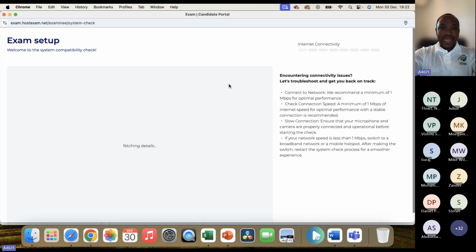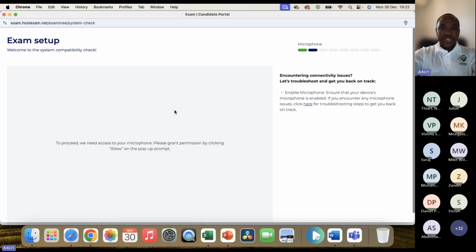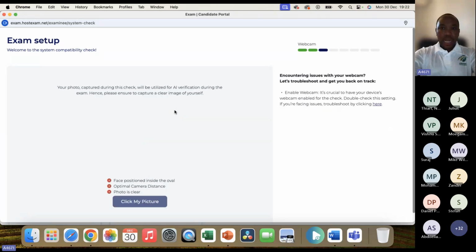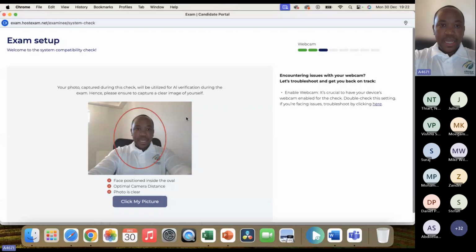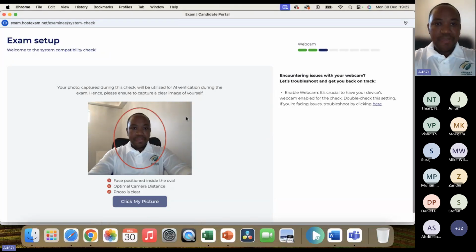So it is checking our internet connectivity, and you do need to make sure that you have got good Wi-Fi. It then checks my webcam.